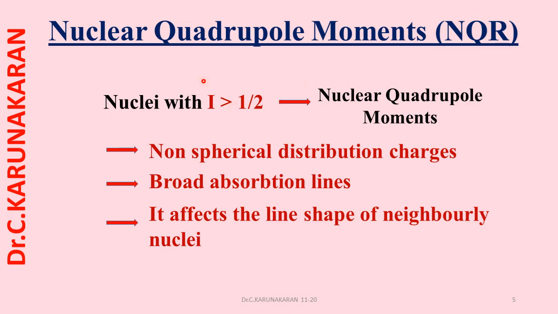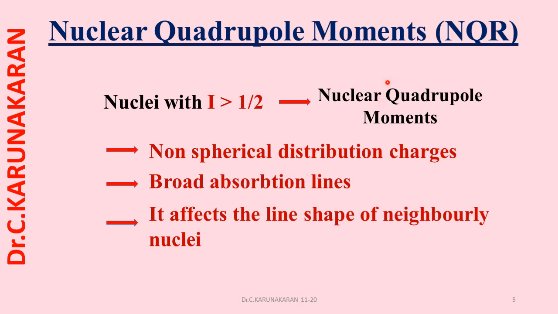Here, we will see what nuclear quadrupole moments are. Nuclei with I greater than half will possess nuclear quadrupole moments in addition to nuclear spin magnetic moments. Because of the non-spherical distribution of charge in the nuclei, the NMR spectrum of these compounds will give broad absorption lines.